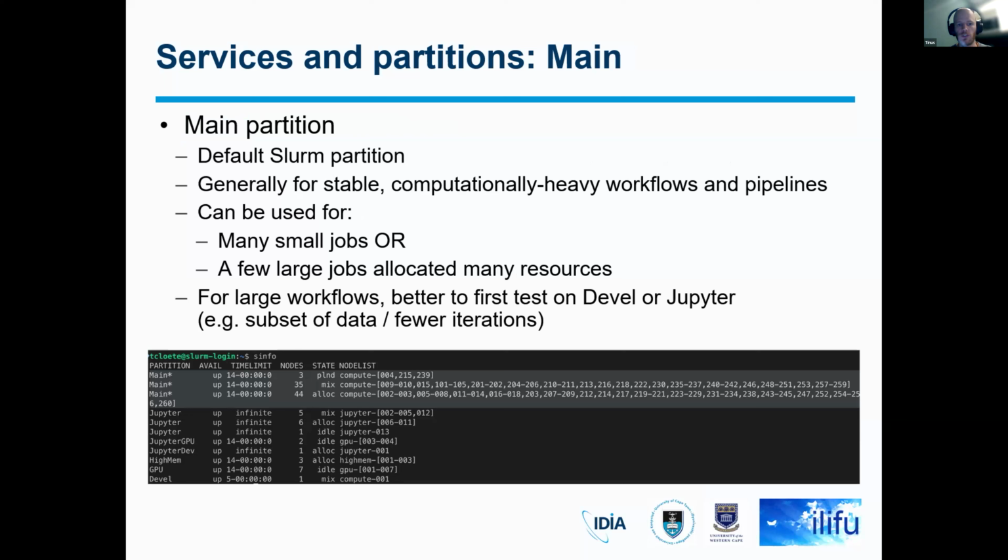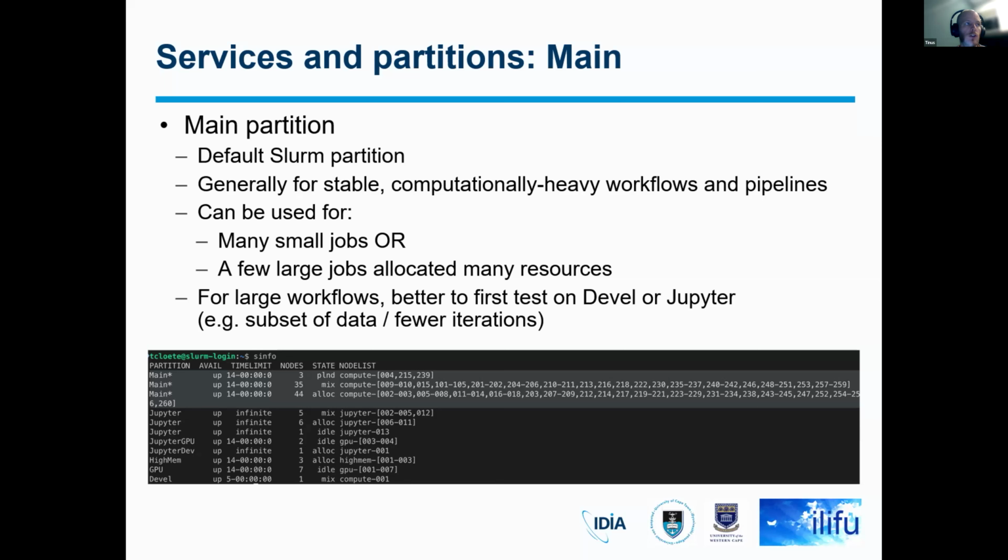Some different projects might require different approaches of how the resources are being used. But in general, we do recommend that for really large workflows, it is better to first test on the development partition or the Jupyter partition by using subsets of the data or few iterations to make sure that it works.